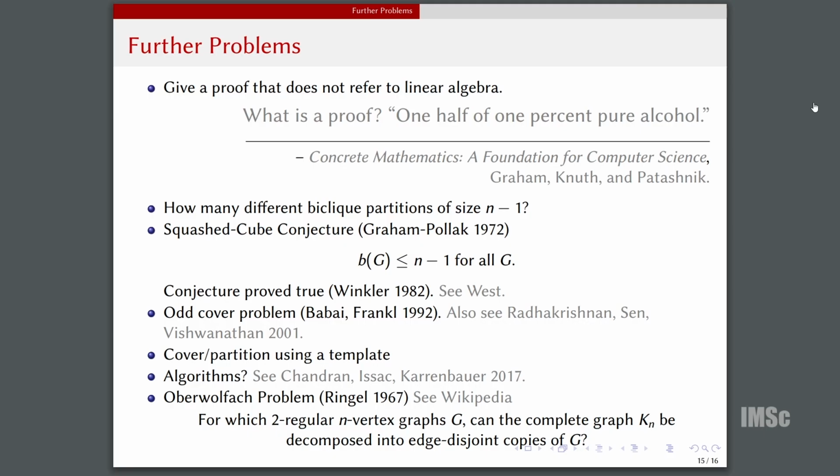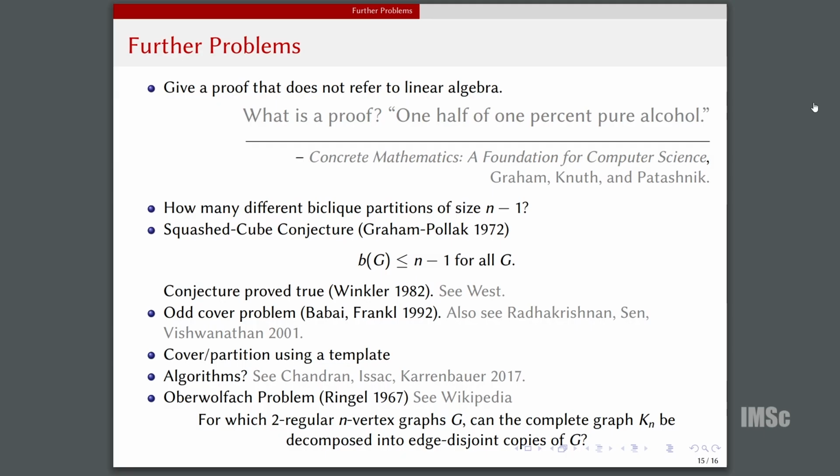The question is how many different biclique partitions are possible. This is an exercise in some textbooks, so I think you should be able to do the second problem. And I also think you might want to check whether the answer to the second question says anything about the first problem. That's up to you to check.